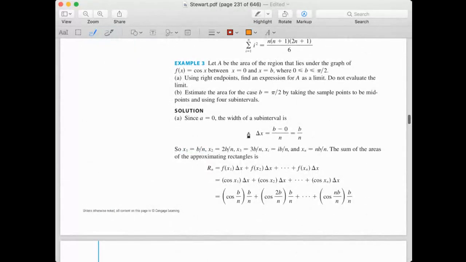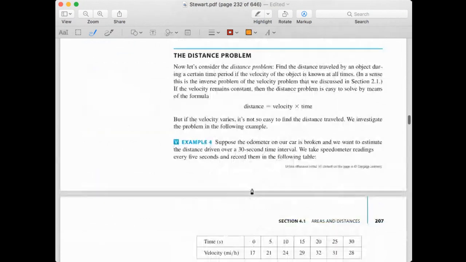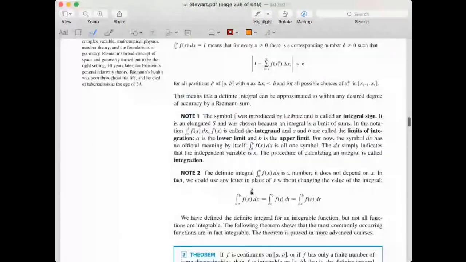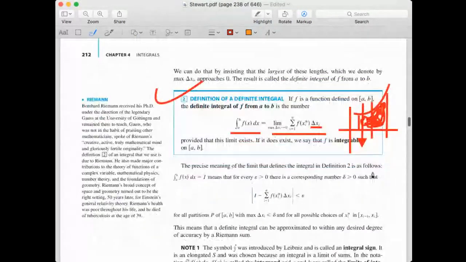Right here is the definition: delta x is b minus a divided by n, which means the change in x. So each piece has width delta x.